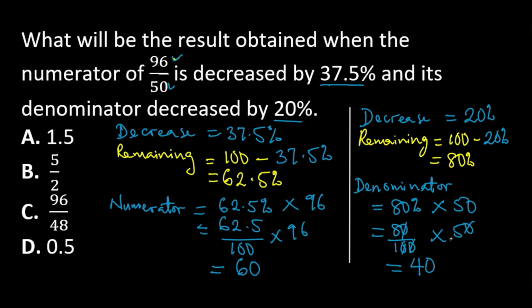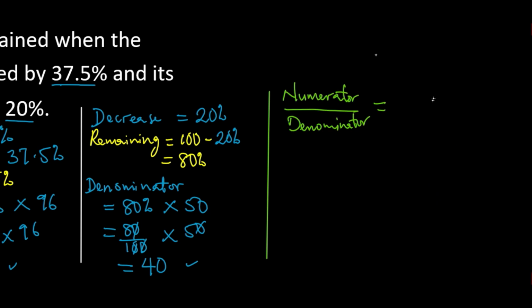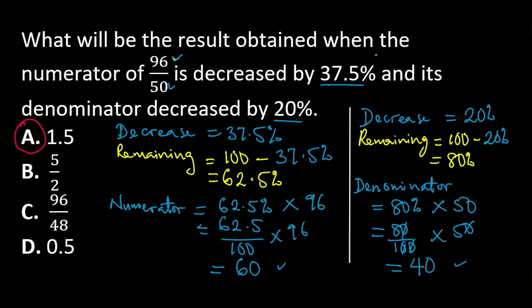So our denominator is 40. So numerator is 60. So numerator divided by denominator, we have 60 divided by 40. So it will give us 3 over 2, which equals 1.5. Option A.